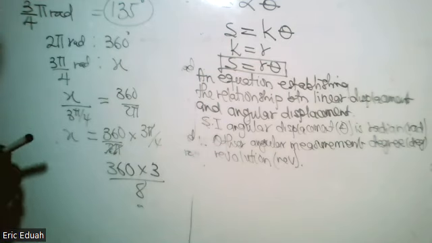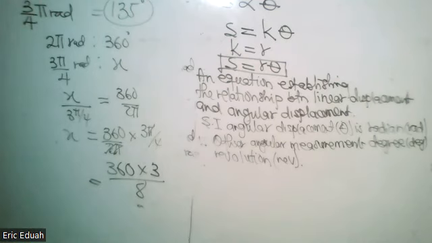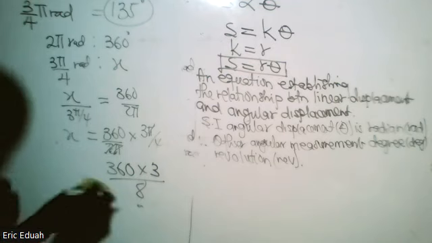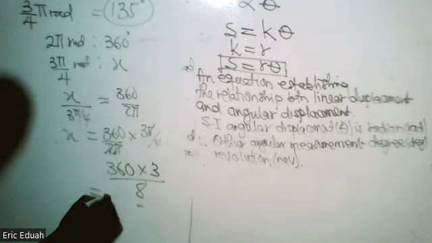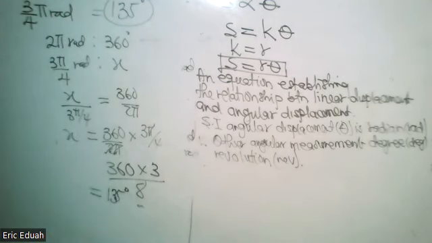Have you seen the 3 on 4 pi? So should I change it to degrees first? Yes. So after we change, can't we use that one? And we use the equation that says 1 rev is equal to 360 degrees. Oh, yes. We can also use that.